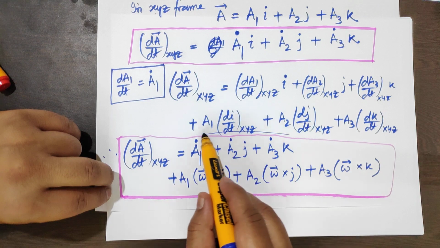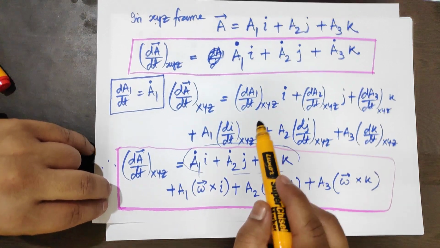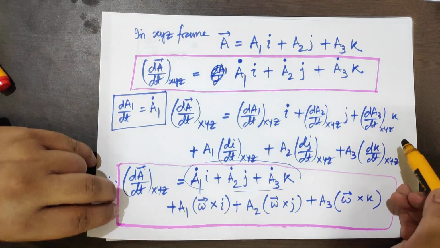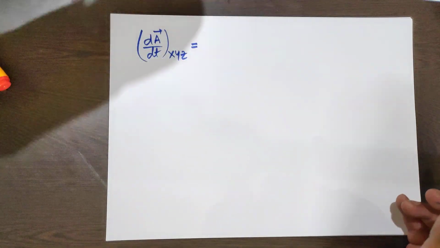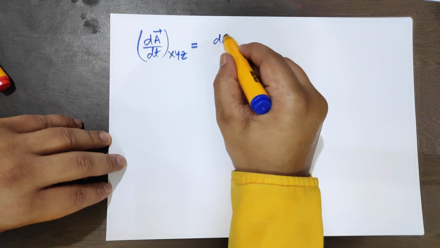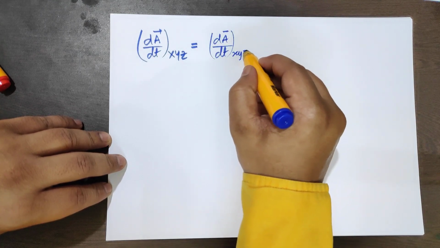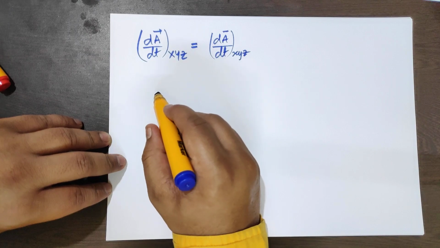This whole term is dA/dt with respect to small xyz. I hope you followed this, right?